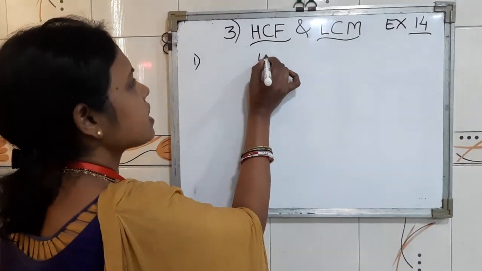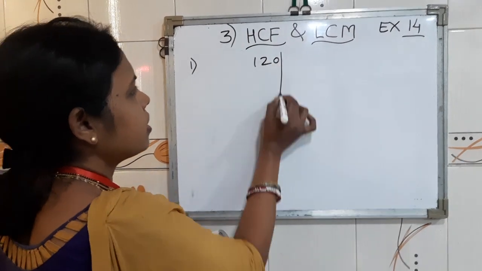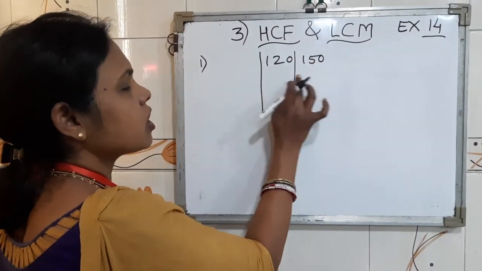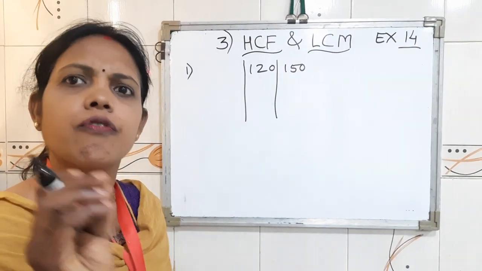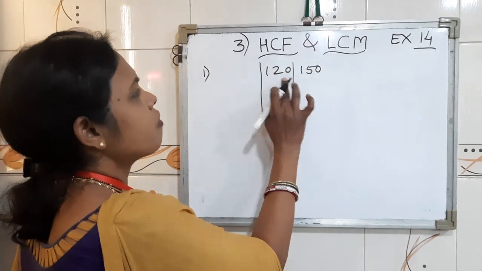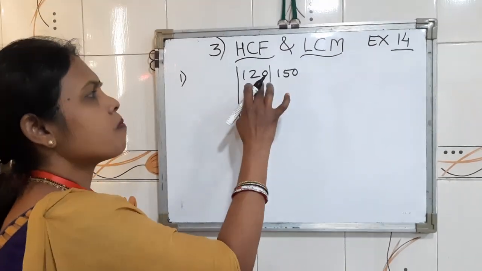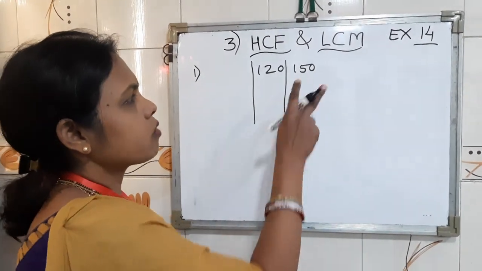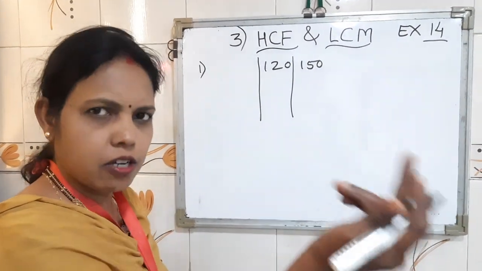Here the question is asking for the HCF of both these numbers, 120 and 150. For that purpose, first we will see by which number both 120 and 150 are divided.